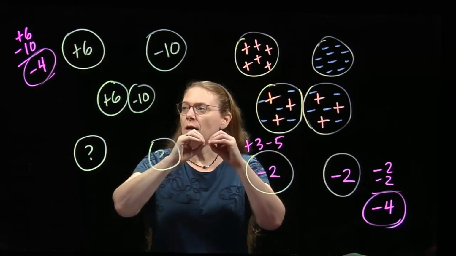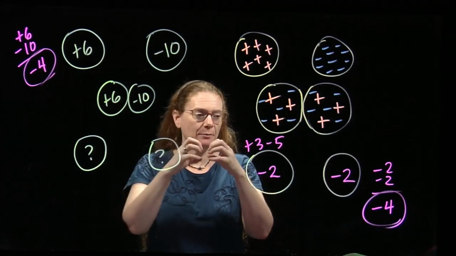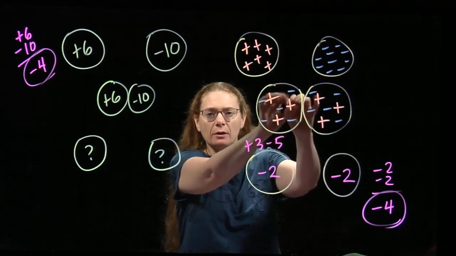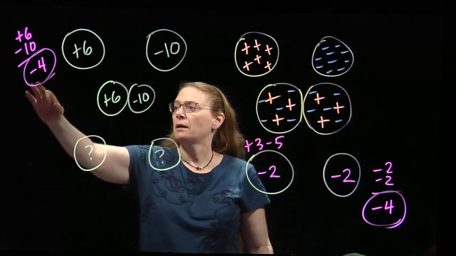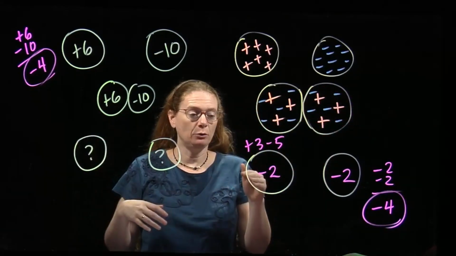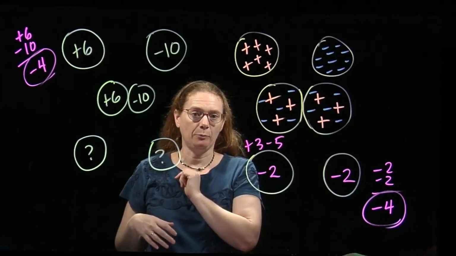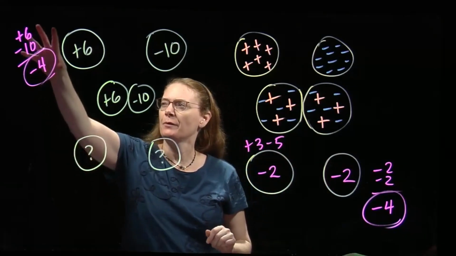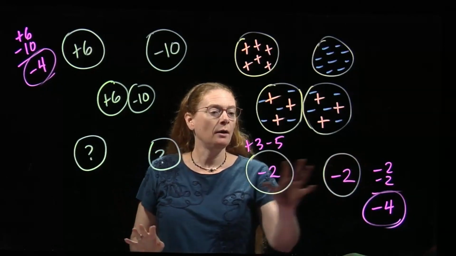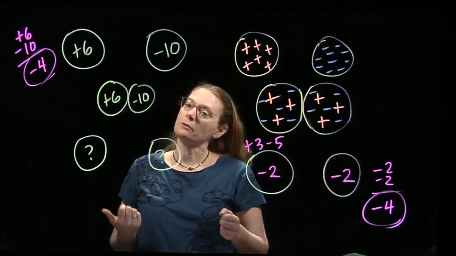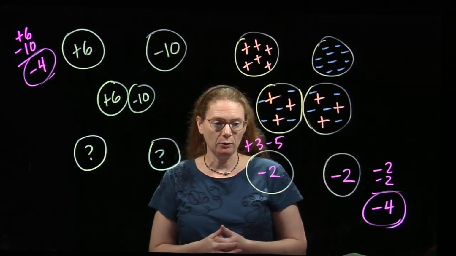If these are two identical balls, if they have the same size, then the charges are going to spread out evenly across those two. So I can take the total charge, divide it by 2, and I'm going to end up with -2. So you can kind of jump from this math right here, divide it evenly across the 2 metal balls, and then you've got your -2. So that would be another way to do it.